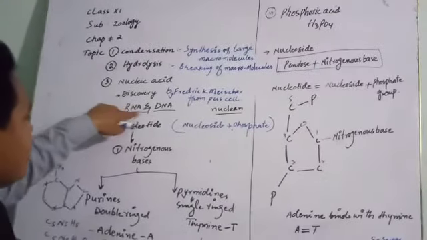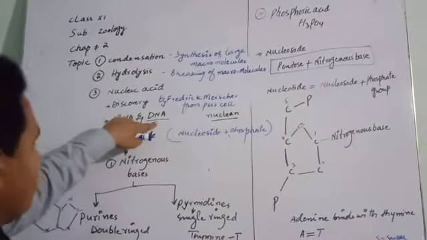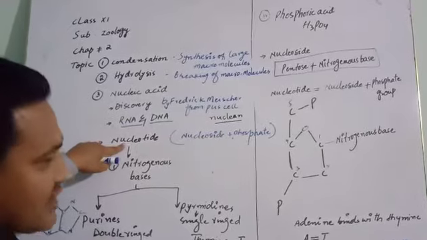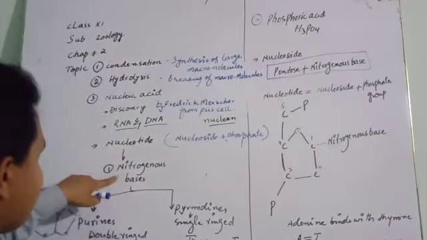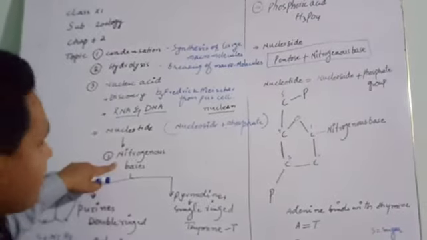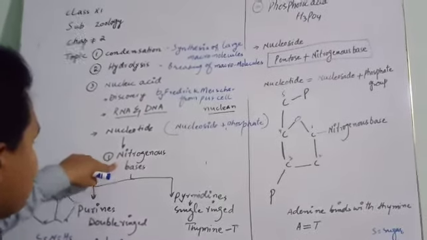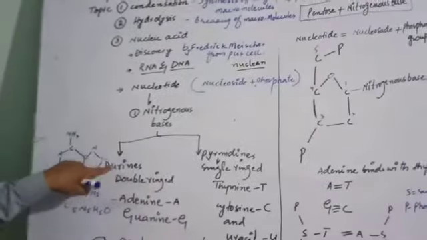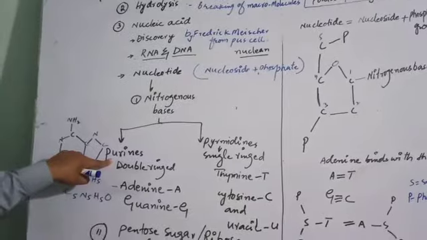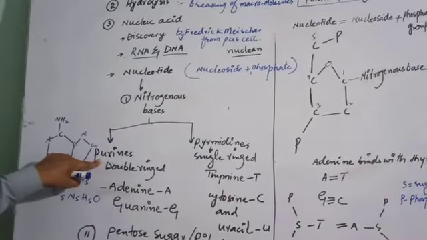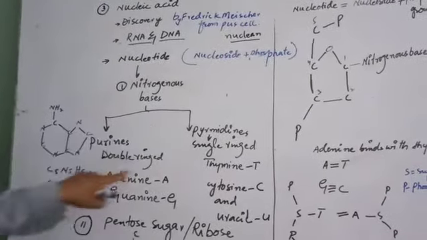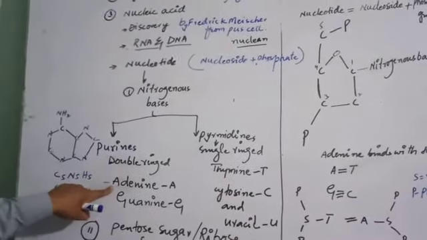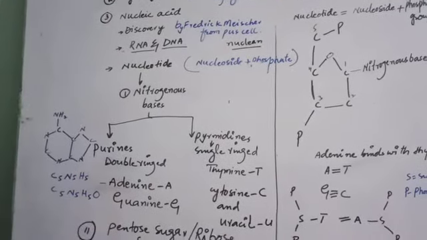These RNA and DNA are made up of nucleotides. Now nucleotide is made up of 3 important components. Number 1 is nitrogenous bases, which are of 2 types: purines and pyrimidines. Purines are adenine and guanine.